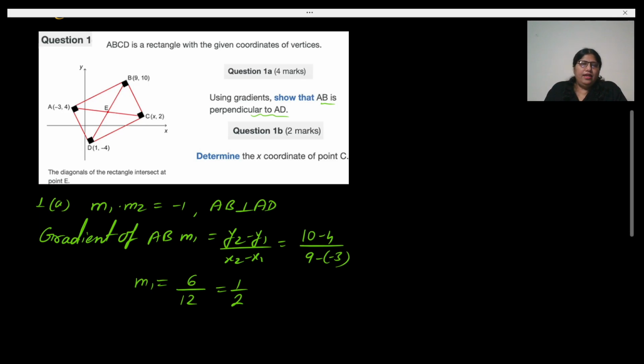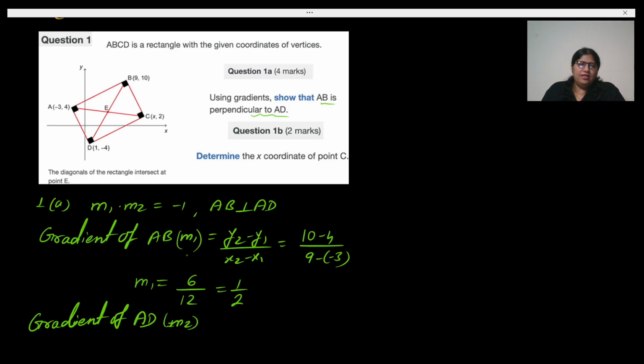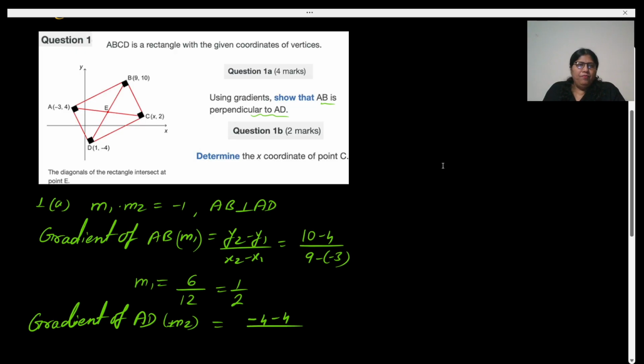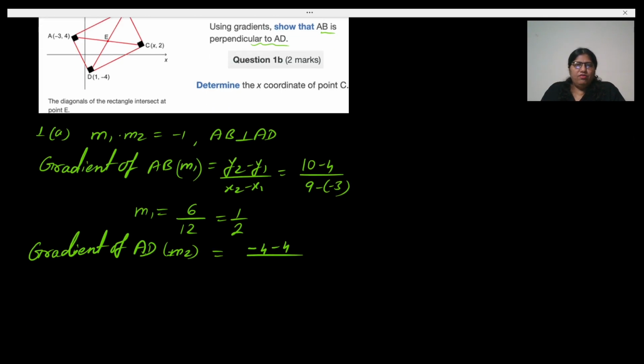Then next you have to get the gradient of AD, because you need to prove that they both are perpendicular. If I take the gradient of AD as M2, and I have taken the gradient of AB as M1, again using y2 minus y1 by x2 minus x1, I can take minus 4 by 1 minus of minus 3.